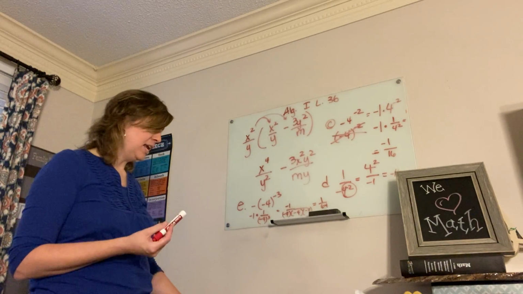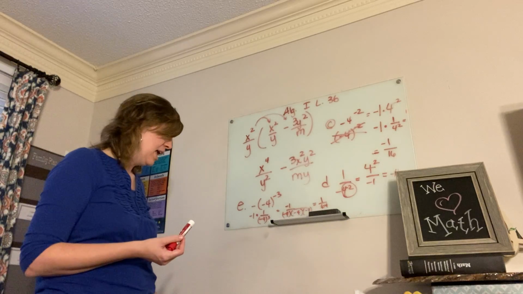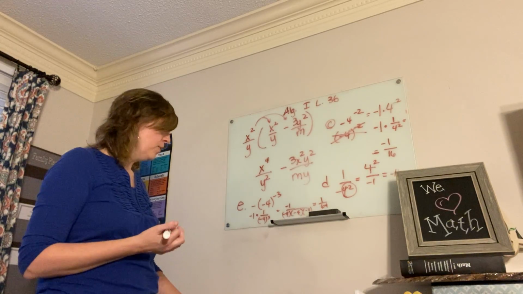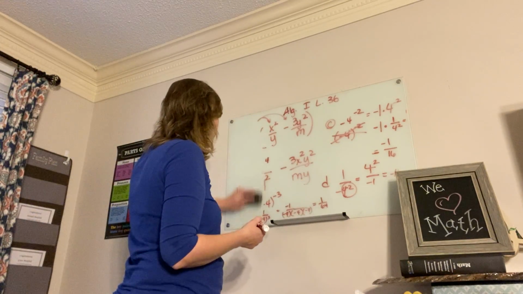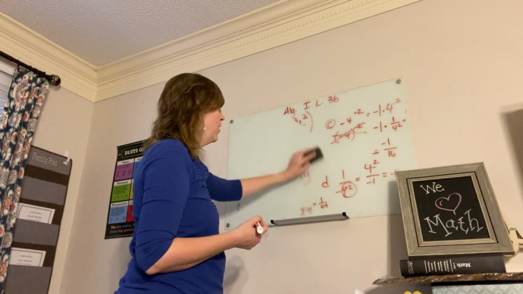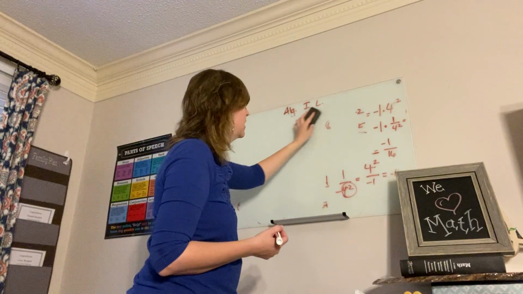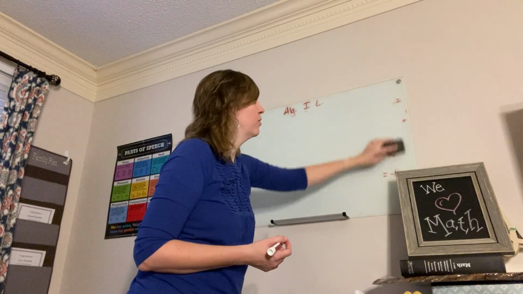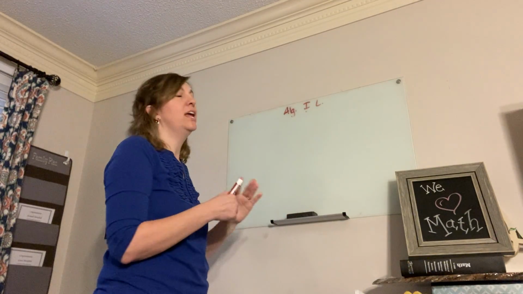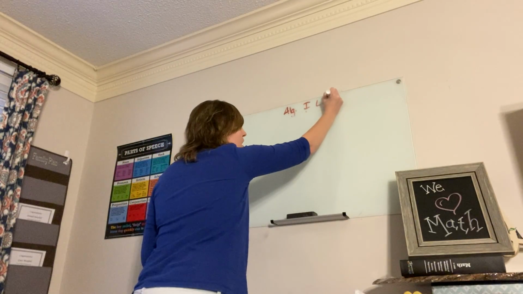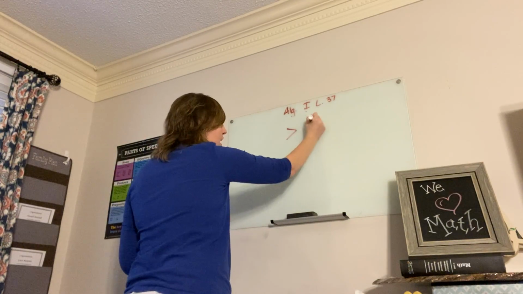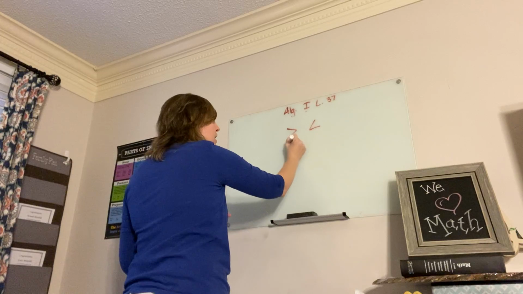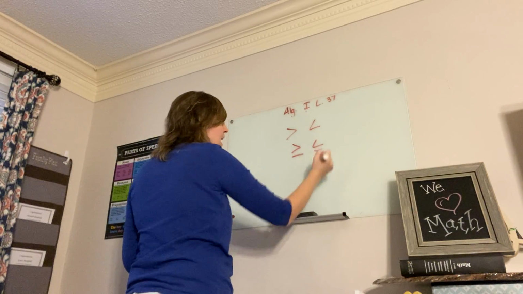Lesson 37 is inequalities, greater than, less than, and solving those. The most important part of these, and you've probably covered this if you had a pre-algebra type class, is whether or not the symbol includes the point. So in lesson 37, I've got greater than, less than, then greater than or equal to and less than or equal to.